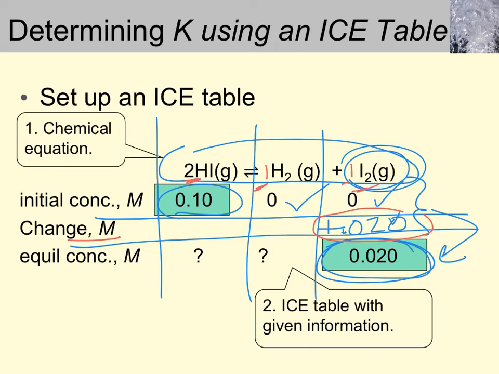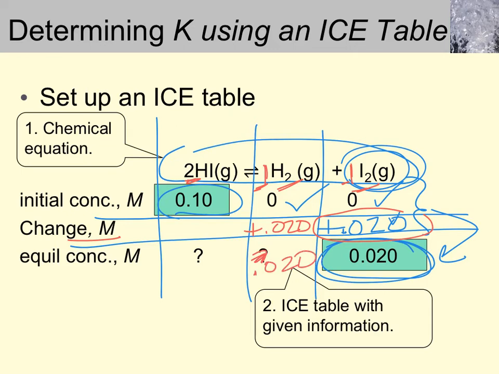So iodine and hydrogen both have a coefficient of 1 in the balanced reaction. So the change for hydrogen is also plus 0.020. So that means the equilibrium concentration of hydrogen is 0.020.